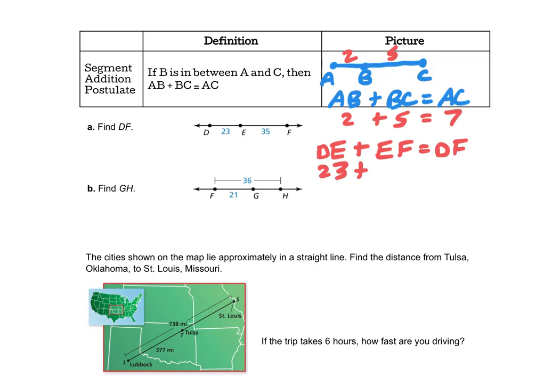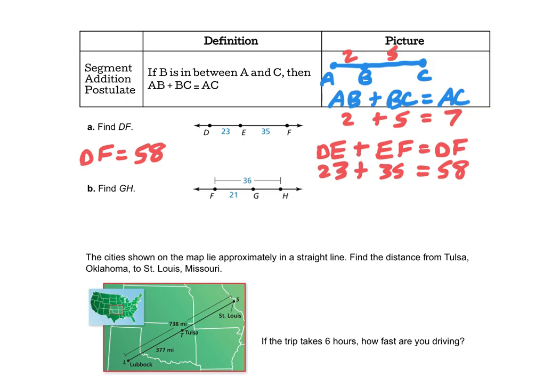EF is 35. We don't know DF, but can we find DF? Pretty easy, right? Because we know the length of DE and the length of EF, so I can take 23 plus 35, and that gives us 58. And that's the length of DF. So I could say DF is 58. Math's not real hard, just understanding the segment addition postulate.